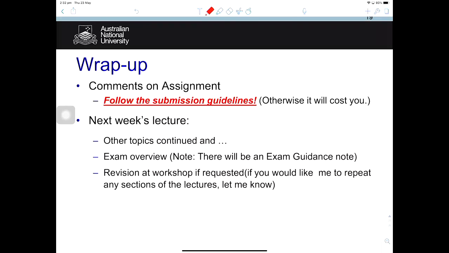And also, in the second half of next week's lecture, I'm going to give you a review of the most confusing topics over the entire 12 weeks, and also the most important points that are going to be covered in the final exam. And also, I'm going to talk about the final exam itself as well, the format of the questions, and particularly the strategies of getting a higher mark in the written part of the exam.